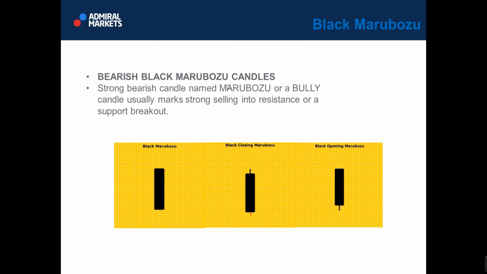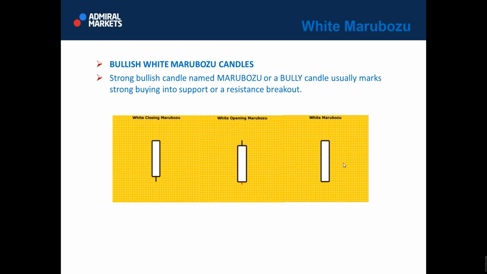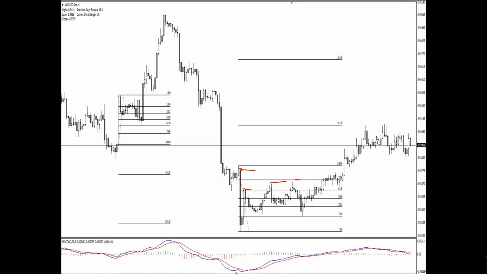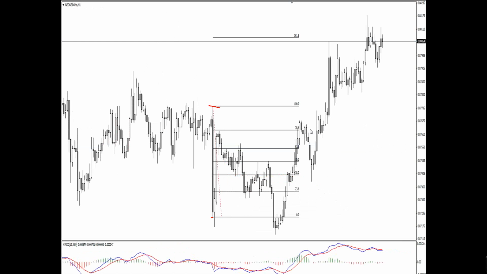And we want to see Marubozu: for buying a white candle, for selling a black. Look at where the price rejected. Exactly at 78.6, two times, guys. So that is how I do that kind of trading.